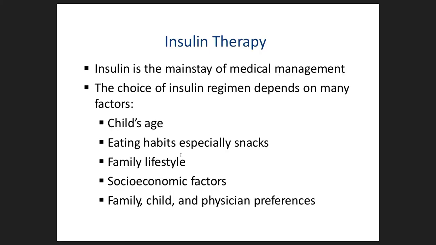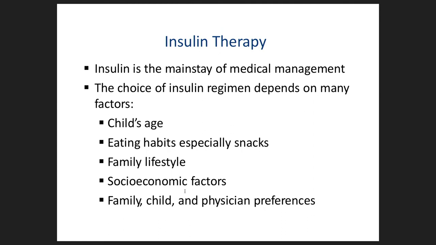For example, a child eating frequent snacks should not have the same insulin formulation as somebody who does not eat snacks, only eating 3 main meals. Also, young age group children should not receive the same insulin as older age group children.